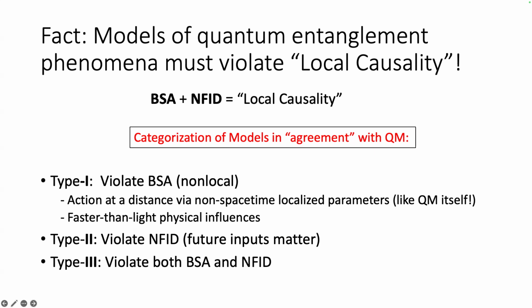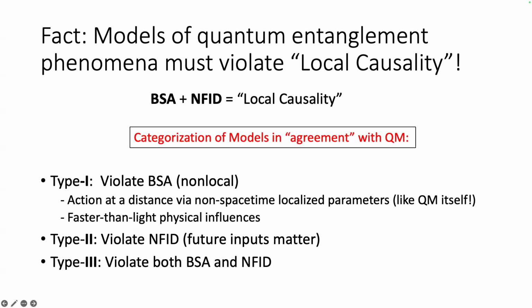Arguably, actually, this violates both, because if you have tachyons going faster than light in one reference frame, they're going backward in time in another reference frame. So arguably any wormholes or tachyons or anything to do with physical faster than light influence also have a retrocausal influence. So actually, maybe there are more type 3 models than I like to give credit for, but there are at least 3.